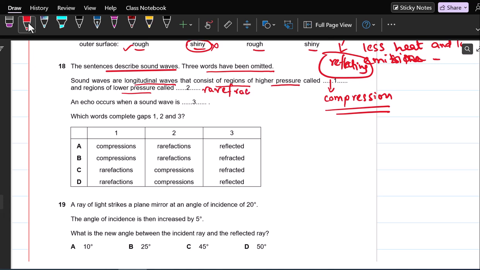Molecules are far apart. An echo occurs when a sound wave is reflected. So we have to see which words complete the gaps. Okay, you have to see this pattern: compression, rarefaction, and reflected. So A is here.